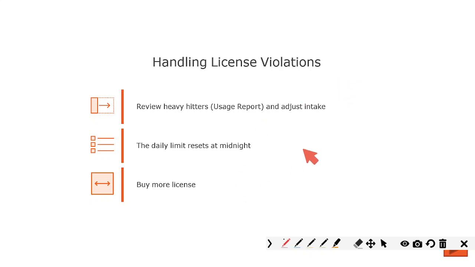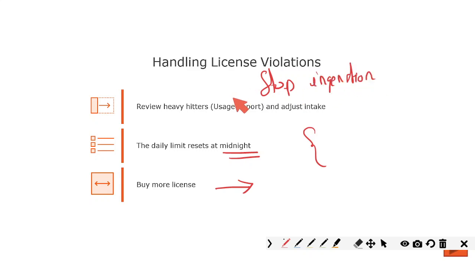An important point to remember is that at midnight, your daily ingestion volume limit will be restored. But if you have a greater license requirement, you can collaborate with the Splunk organization team, or with your organization, to buy more license. At the same time, you can stop ingestion for one of the data sources, so that you stay within the capacity of your ingestion volume quota. Okay.